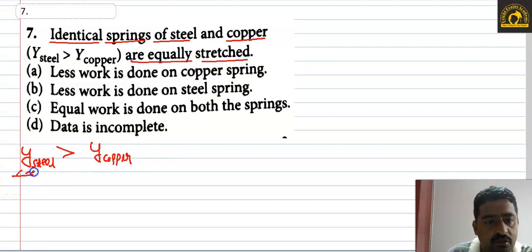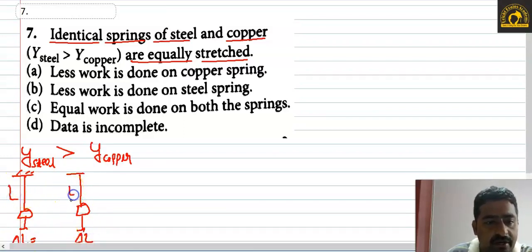So both are equally stretched. This is steel, this is copper, both are equally stretched. So that means delta L is the same for both.